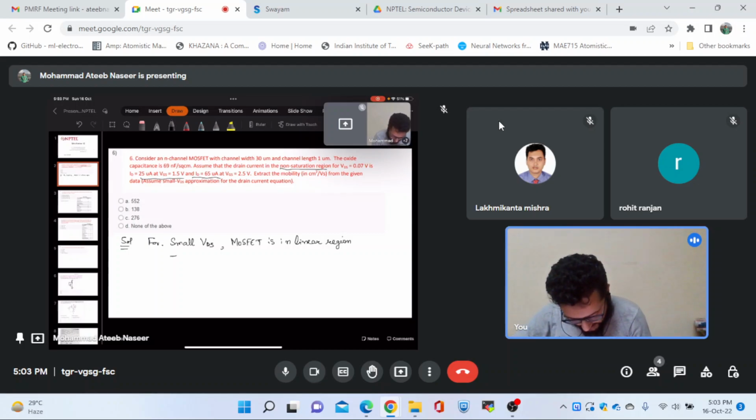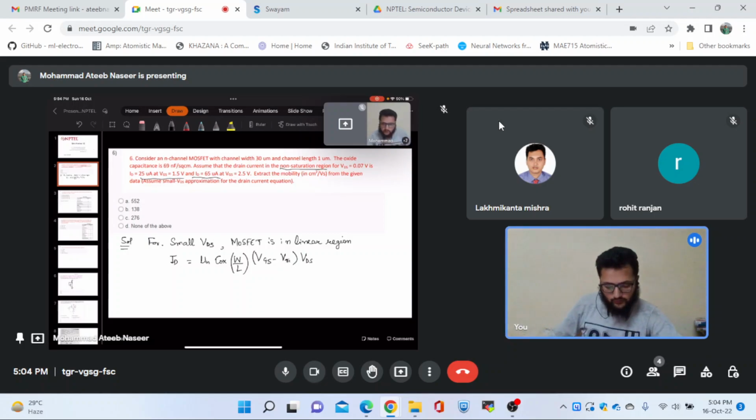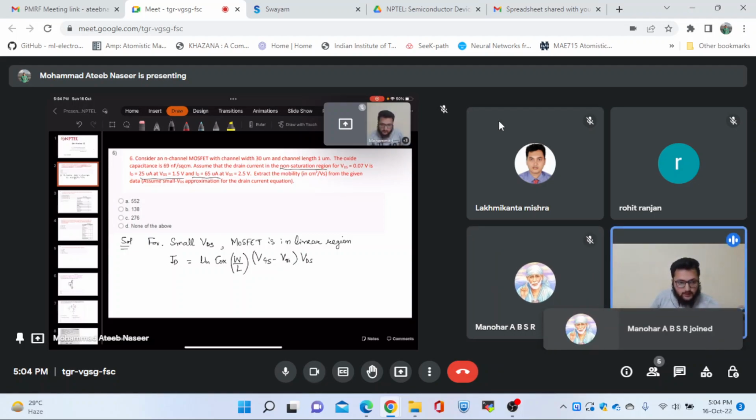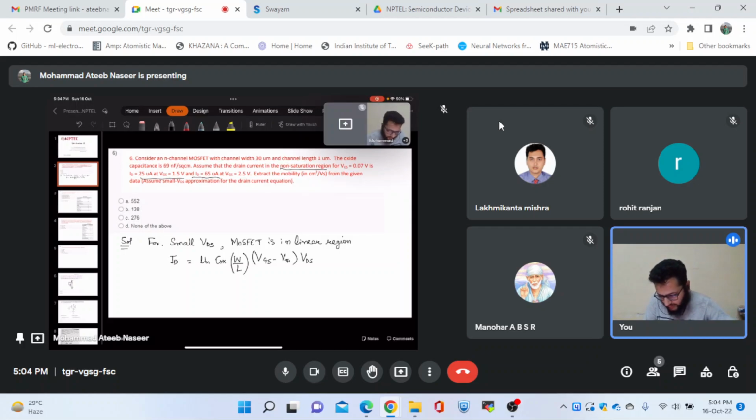So the drain current equation will simply be ID is equal to mu n, where this mu n is the mobility, mu n C ox, W by L, times VGS minus VTH, where this VTH is the threshold voltage, and this has to be multiplied by the drain to source voltage. This is the drain current that we will be getting for two different biases.